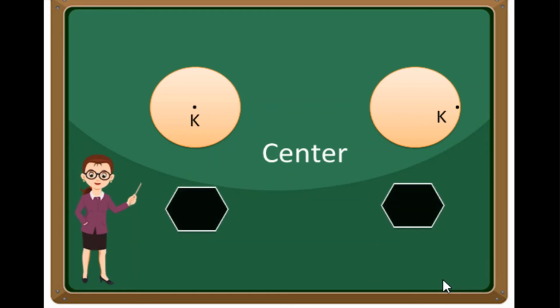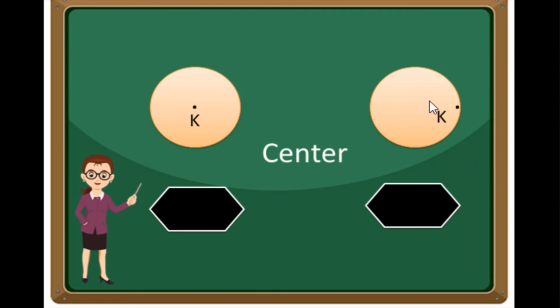Is it figure 1 or figure 2? Okay, the center is the first figure. Again, because the center has to be put in the center, not on the other points of the circle. It must be over here, where point K is.